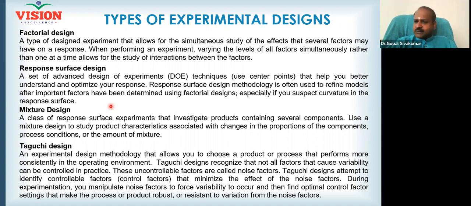Now you are studying the influence of the temperature at the lower value as well as at the higher value. What is the lower value? 500. Higher value 600. Now you are studying only two levels, low and high. If you include one more level, medium, between 500 and 600, say 550, now your design is suitable for response surface design.